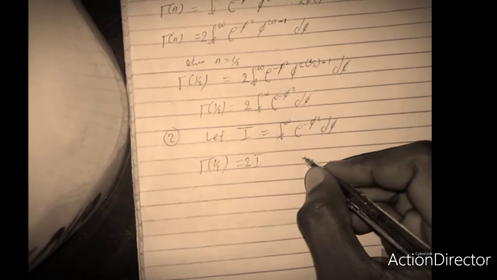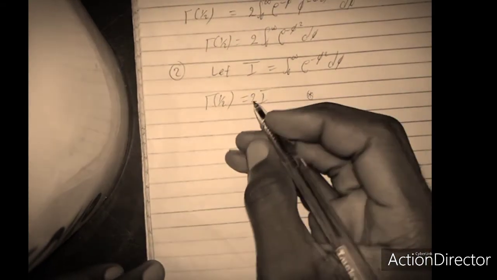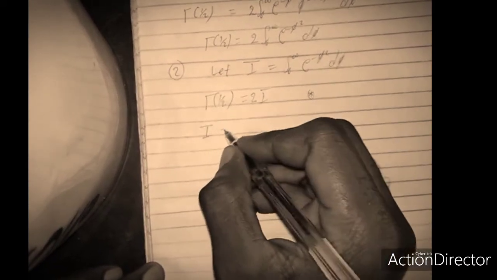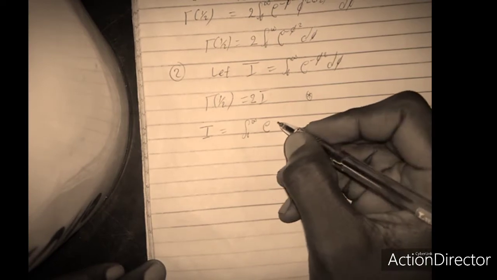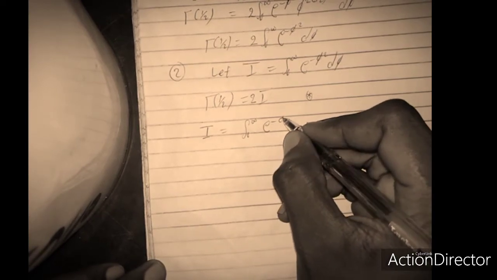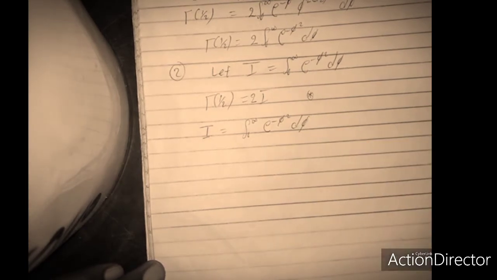So let's call this equation asterisk. So let's continue. Now from here we start to solve our I. That is, we say I equals the integral from 0 to infinity of e to the minus phi squared d phi.